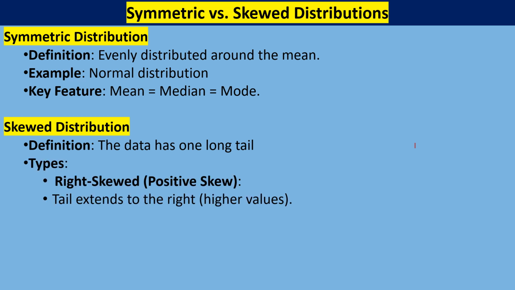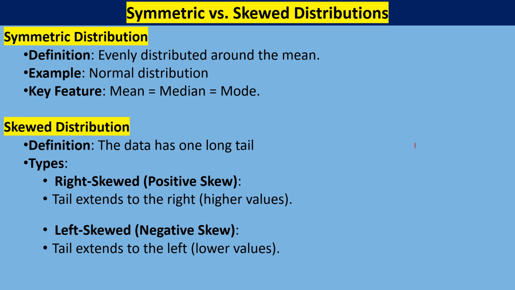Right skewed, or positive skewed, means the tail extends to the right, toward higher values. Example: income distribution, where a few people have extremely high salaries. Left skewed means the tail extends to the left, toward lower values. Example: exam scores, where most students score high with a few very low scores. The left tail is for low values and the right tail is for high values.